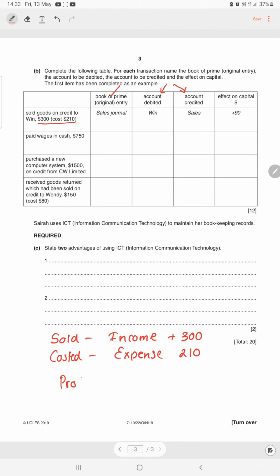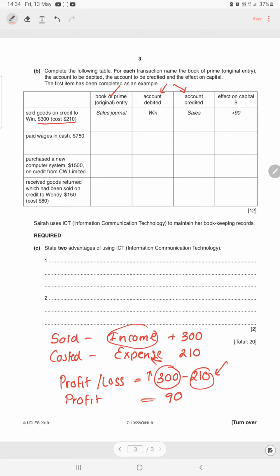So profit or loss is equal to income minus expenses, which is $90. And since income is higher than expenses, you made a profit. So the $90 is a profit.